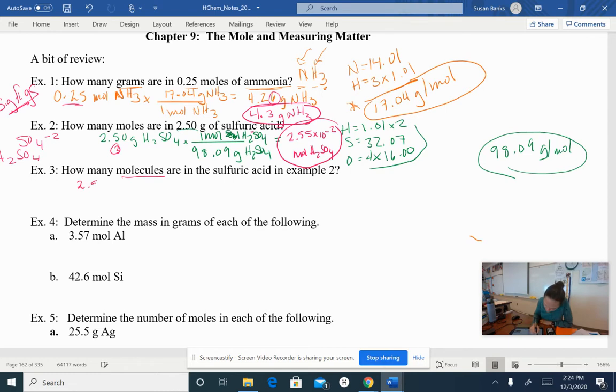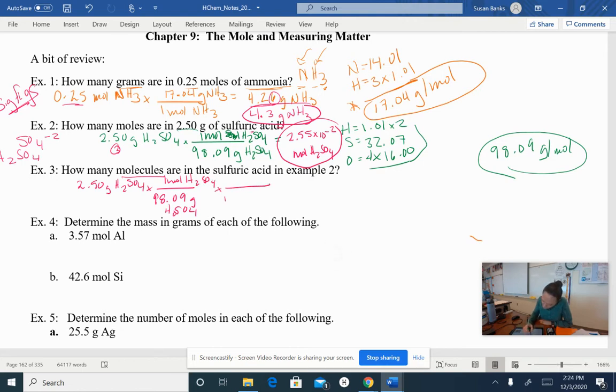So I have 2.50 grams of sulfuric acid, and I have 98.09 grams of sulfuric acid in 1 mole of sulfuric acid.